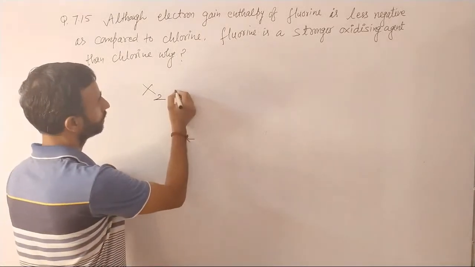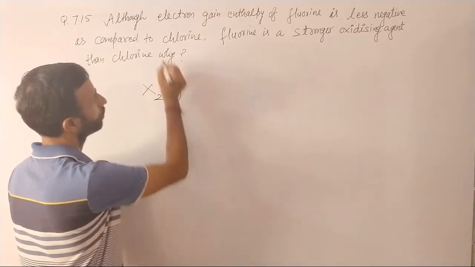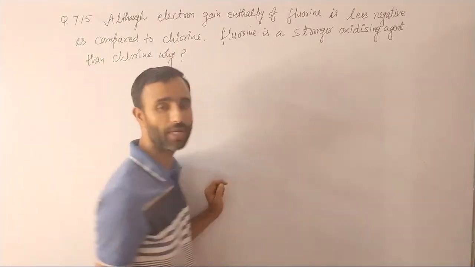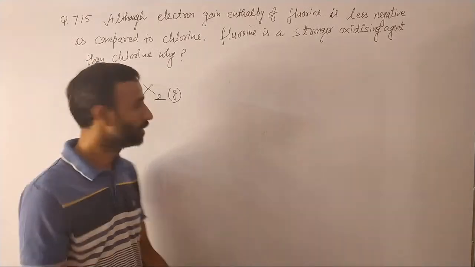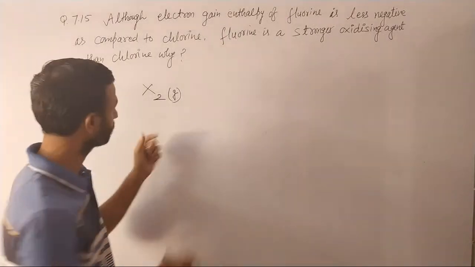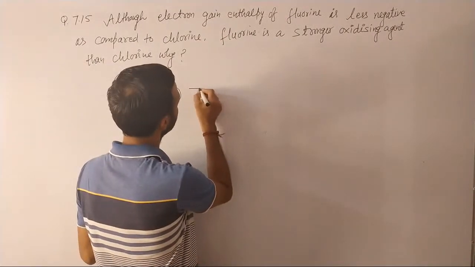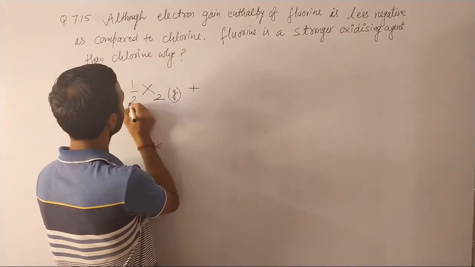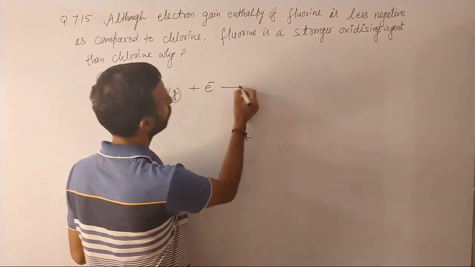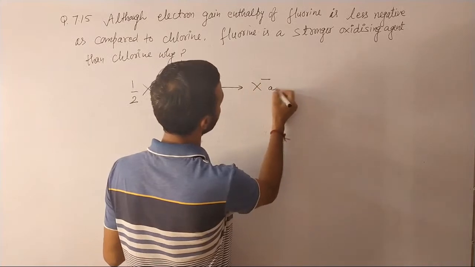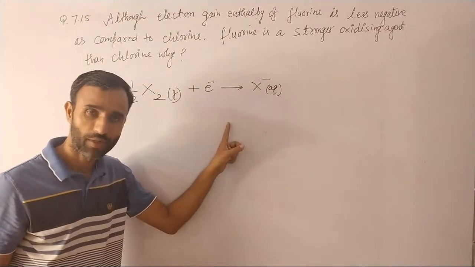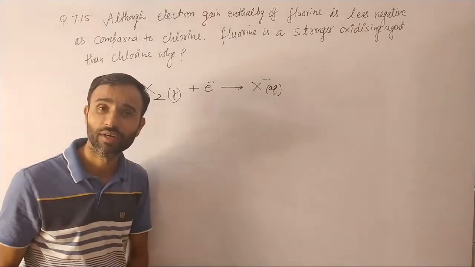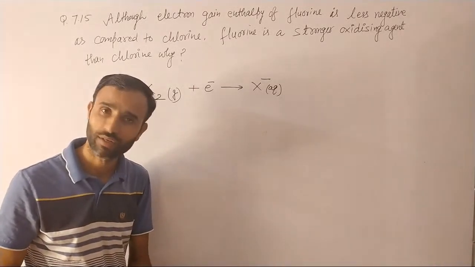Halogen in gaseous form. You know, fluorine and chlorine. If we compare them, fluorine is a gas, chlorine is also a gas. So X2 gas, half of X2 gas plus electron to give X negative aqueous. This is the case, and that will determine the oxidizing behavior.